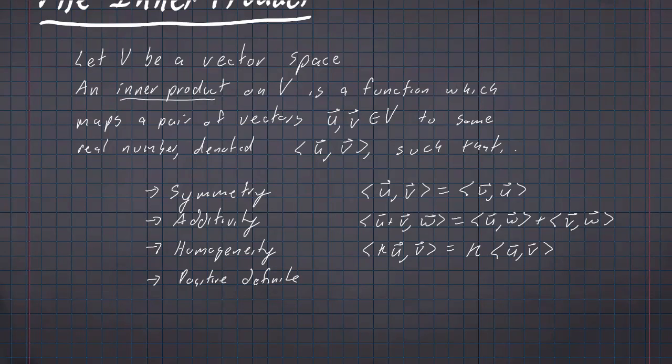And finally, we have a property which is called positive definite or positivity, or a couple of different names similar to that, which tells us that if we take the inner product of any vector with itself, we are going to get a non-negative number, something greater than or equal to 0.